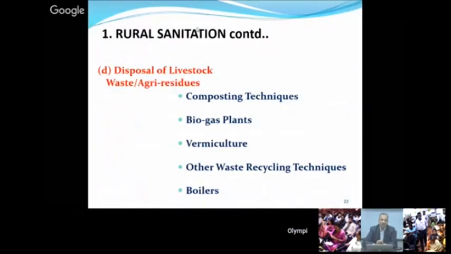Then the second is the biogas plant, and biogas plants we can construct in these villages because cow dung is available. Then vermiculture, most of you know about it. With the help of earthworms we can recycle the cow dung and biodegradable waste, and we can have compost. Then the other waste recycling techniques are also there. Then recently, one of the technologists from IIT Ropar has developed a pellet machine, a briquette machine.